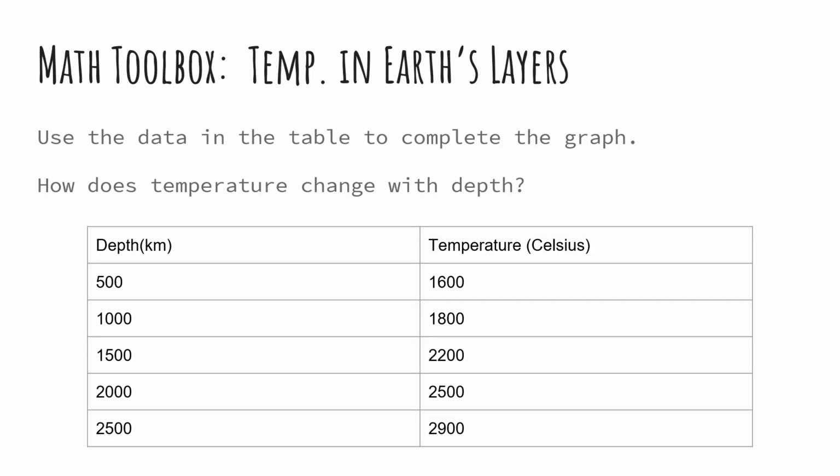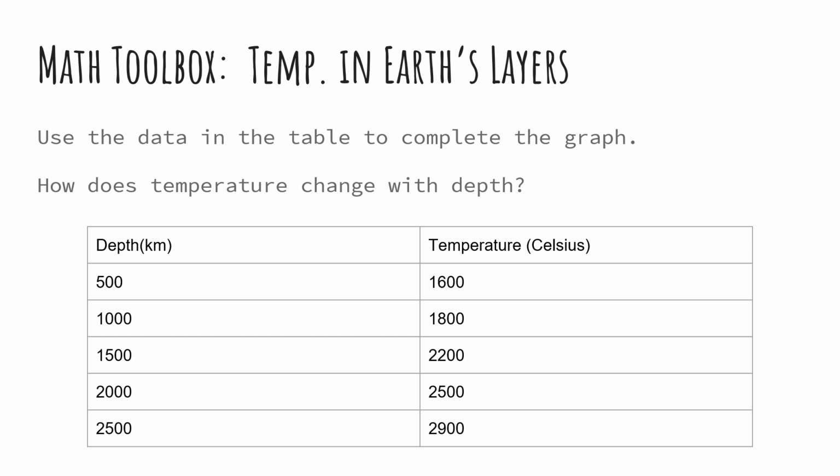On page 53 in your textbook, I want you to use this information, which is also shown in the textbook on that page, and complete the line graph. So you're going to plot each point. You're going to go to 500, which is going to be your first line on the bottom, and then you're going to go up to the temperature 1600, which is going to be just past the mark halfway between 1000 and 2000 in temperature.